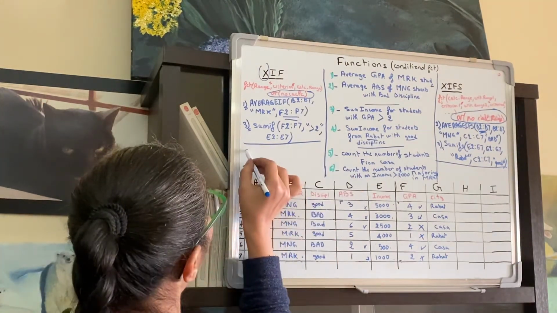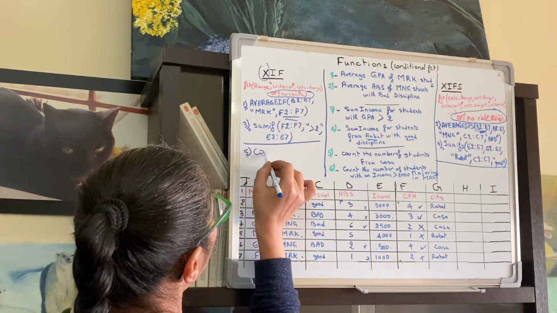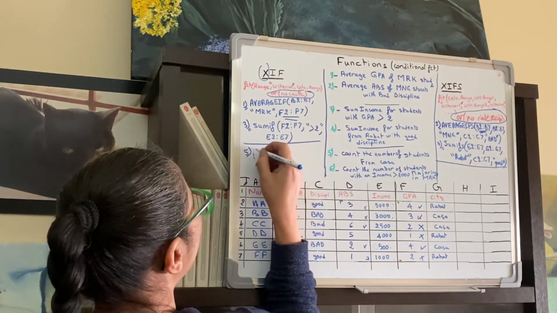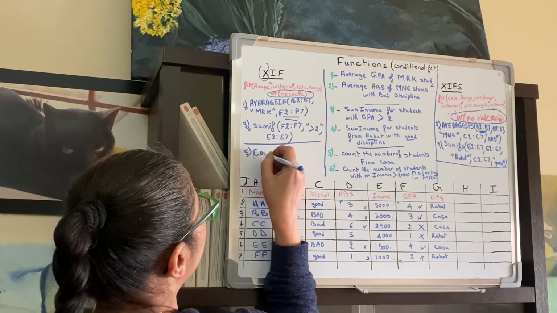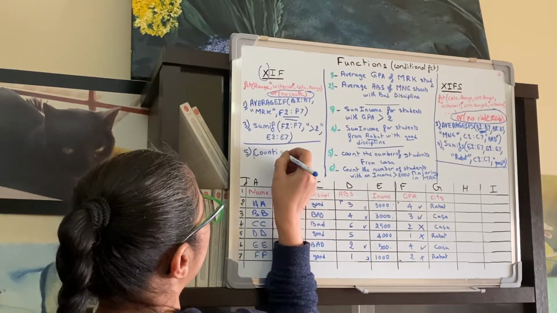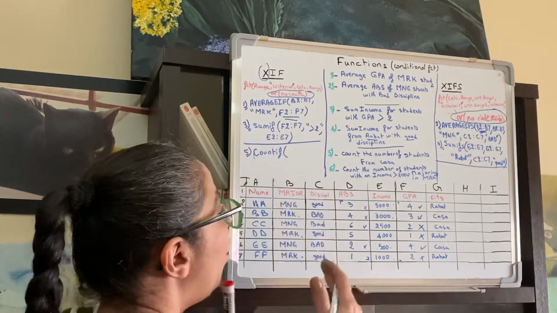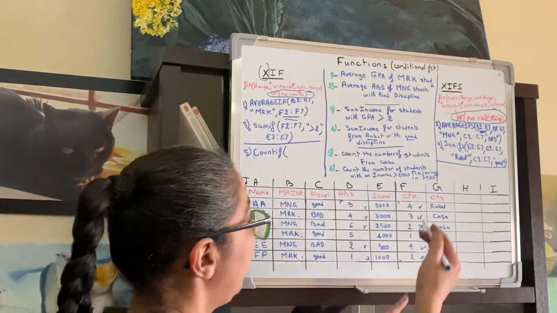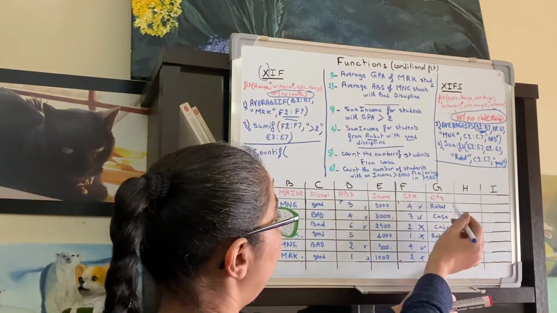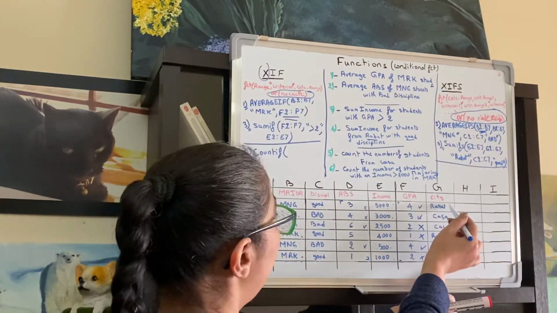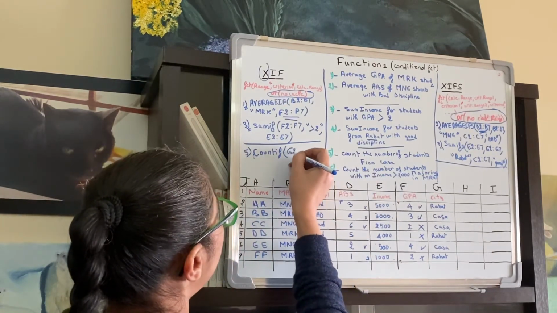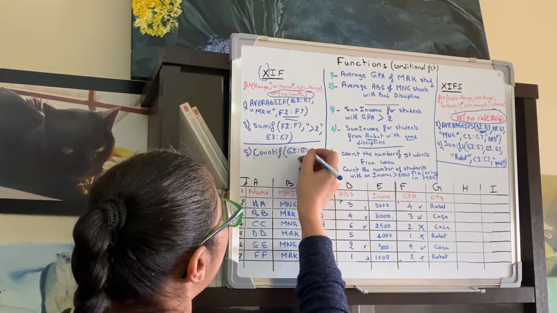That would be number 5. Count if. I'm sorry for my handwriting. Where is the thing I'm looking for to start counting? The thing I'm looking for is within that range, G2 to G7.